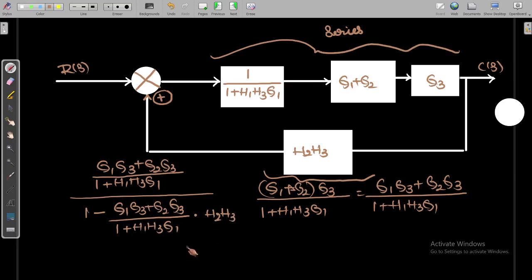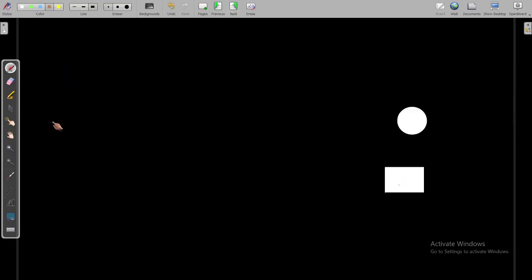So you have to multiply H2 and H3 also. Now you take the LCM; the numerator and the denominator get multiplied here, and the denominators will get cancelled. Let us write that step in the next page.